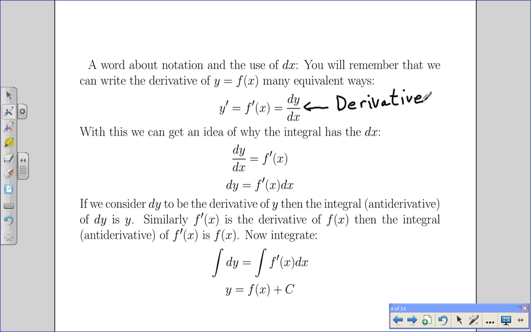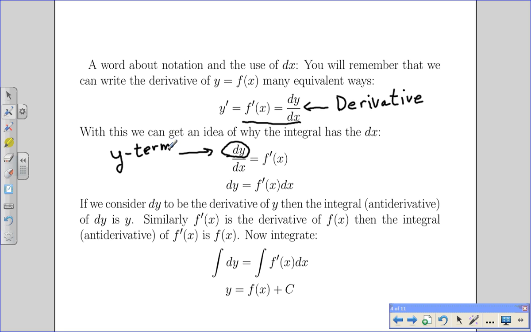And if you want to work backwards, what I'm going to do is I'm going to take this f prime equals dy dx, and I'm going to move all my x terms to one side of the equation and all my y terms to the other side of the equation. In this particular case, dy is the only y term. This is my y term. And the dx gets moved over with the f prime.